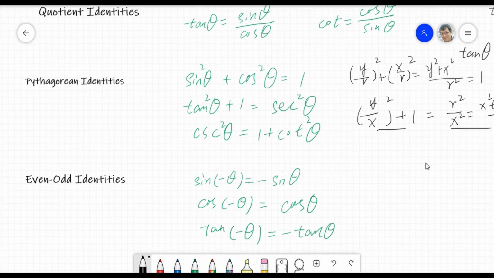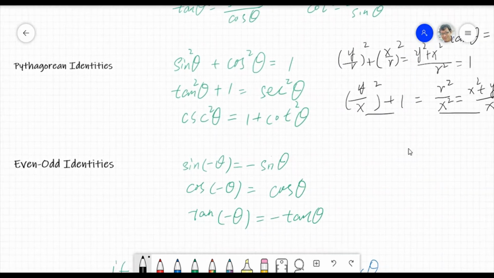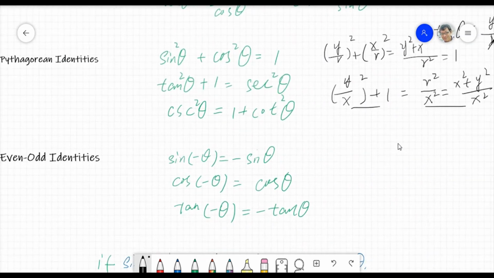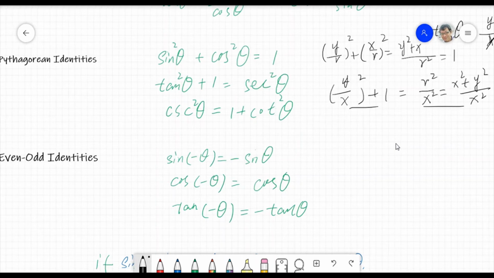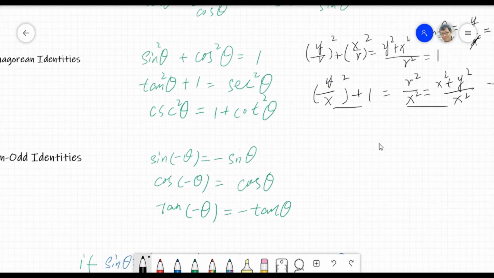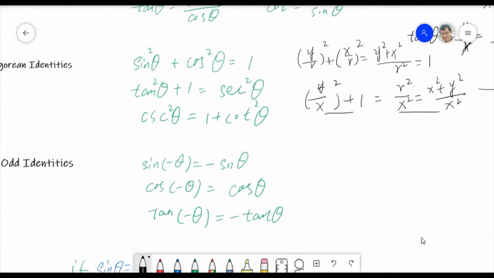Let's see another identity, even older. I'm not sure if we can prove this one this way. It is easier to identify just by the graph. This is theta, this is P, x, y, r.